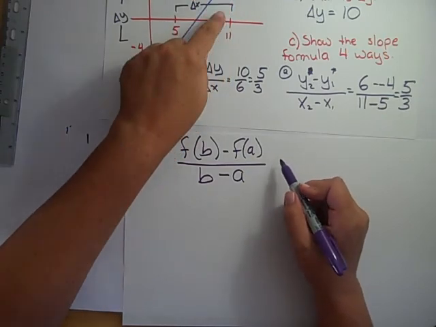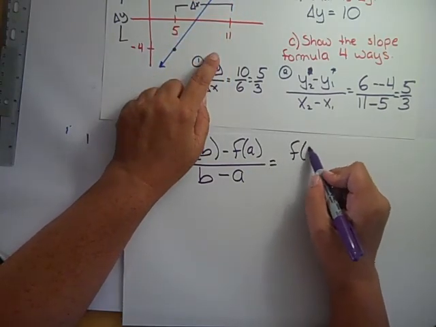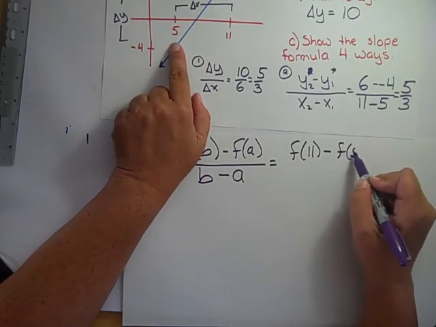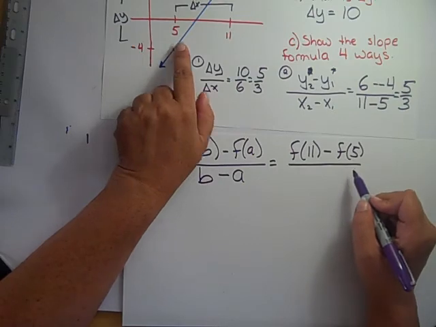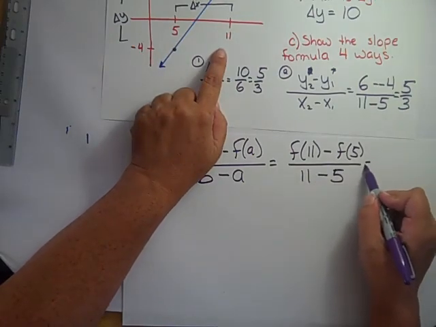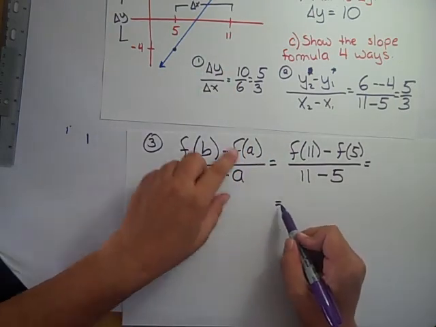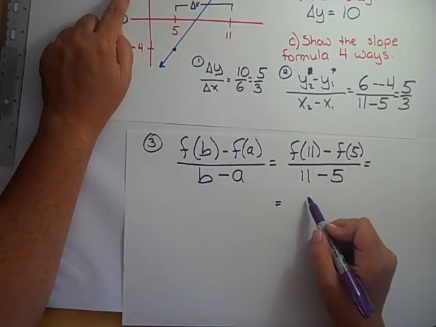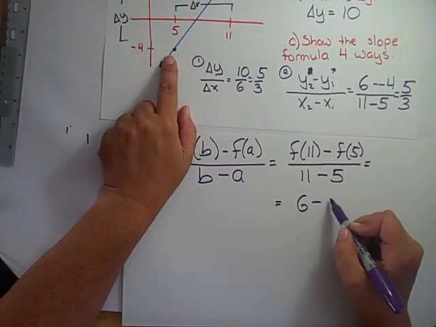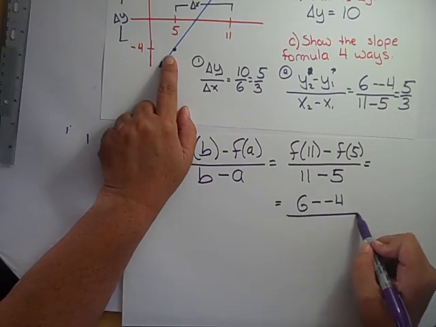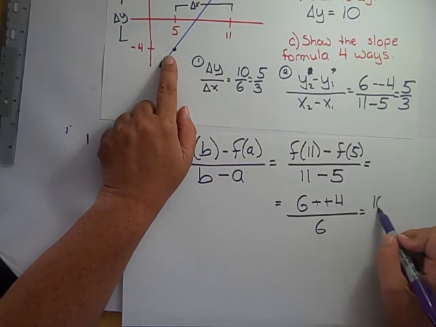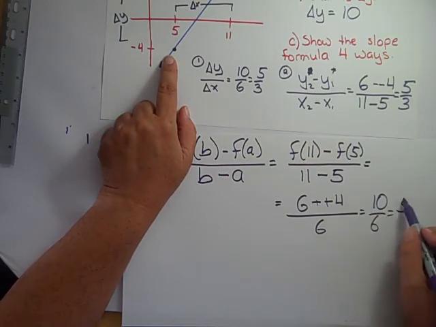F of b, well actually let's go ahead and write this as f of 11, right, because that's f of b, minus f of 5 over, let's see, b minus a, 11 minus 5. So what is f of 11? F of 11 is 6 minus f of 5, which is -4, over 11 minus 5 is 6. We get 10/6 again, which still reduces to 5/3.